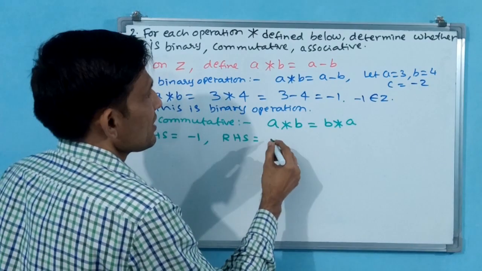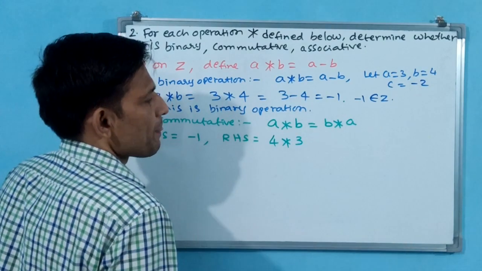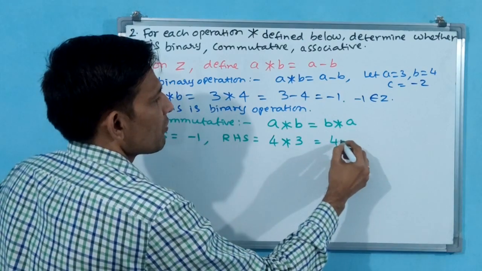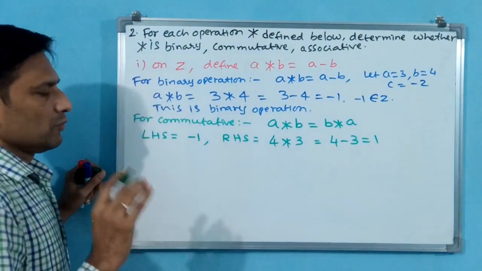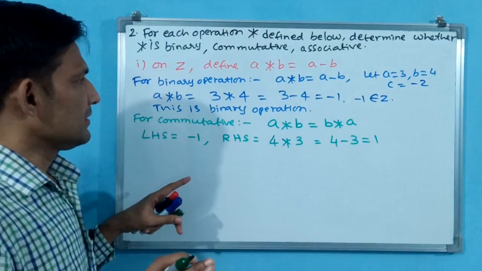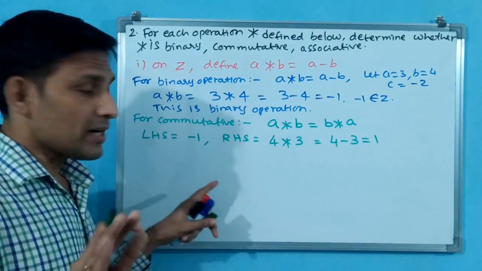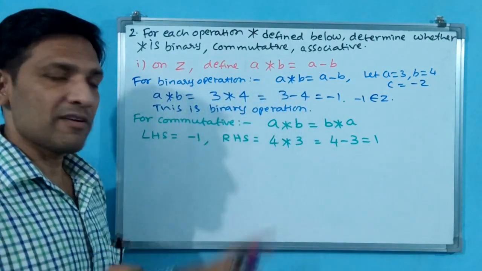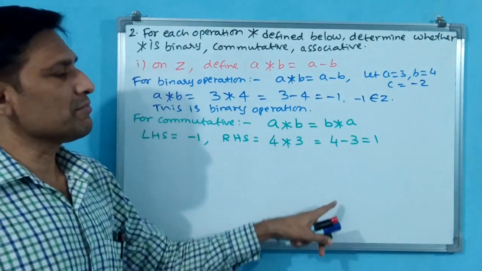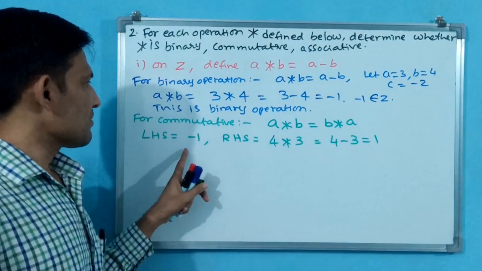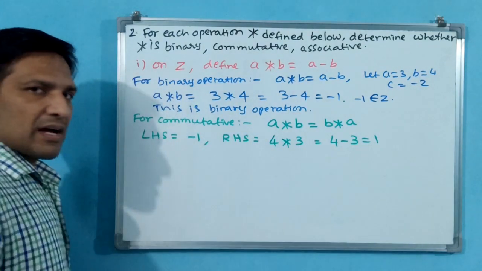RHS, B star A. B star A means 4 star 3, that is equal to 4 minus 3, that is equal to 1. First one, binary operation, is over. Now we have to see commutative. That means A star B should equal B star A. But A star B is minus 1 and B star A is plus 1. Both are not equal.